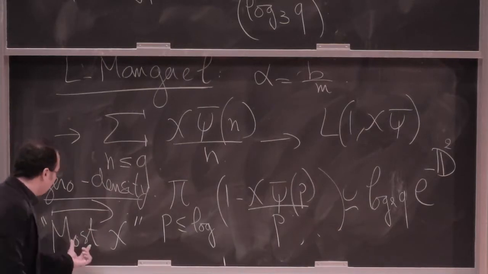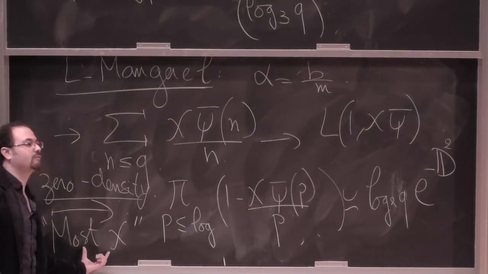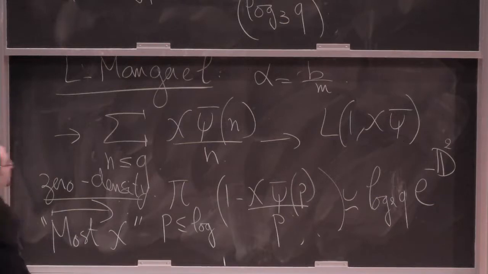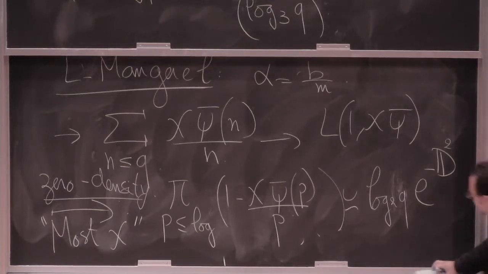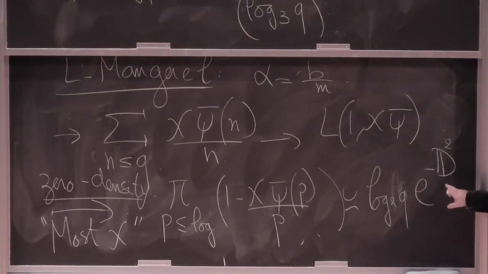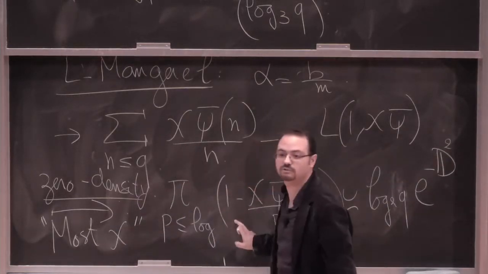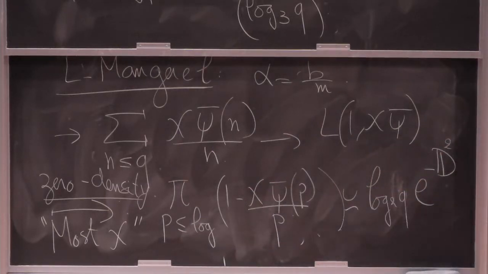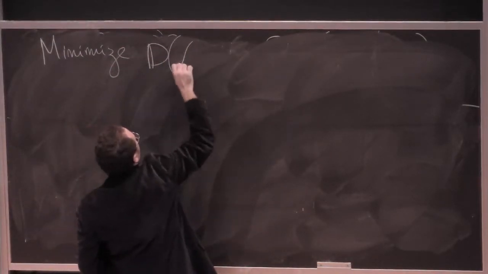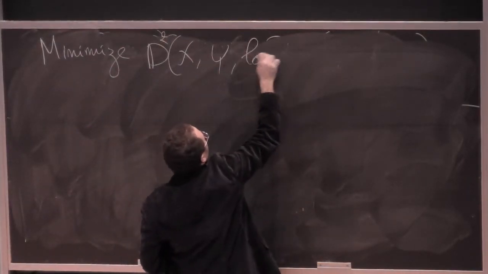So we don't lose here, except we have this only for most chi. And the set of exceptional characters, by zero density, you can show to be less than q to the epsilon. But now it makes another of the steps in my work with Goldmacher harder, because we need now to minimize this distance not only for one character, but for many characters, except the exceptional ones for which this approximation does not hold. And we succeed in doing this. So minimize the distance for many chi.